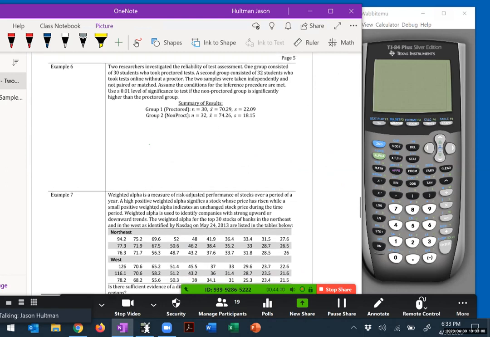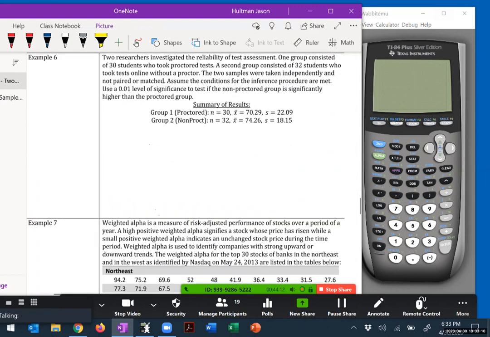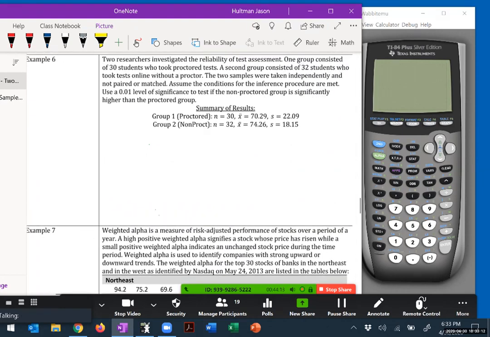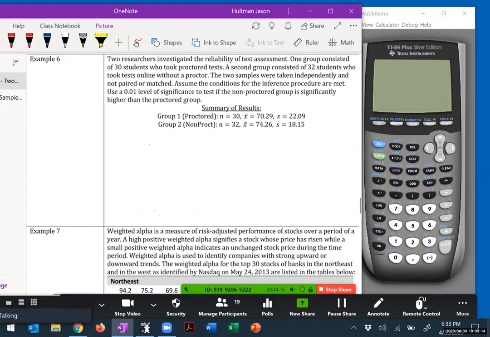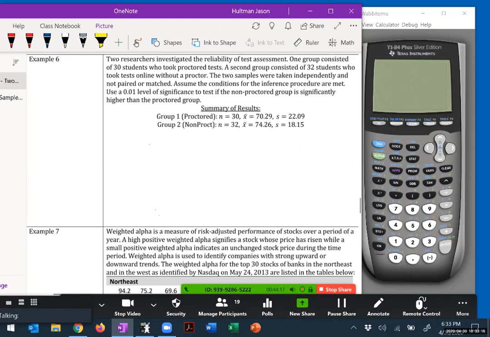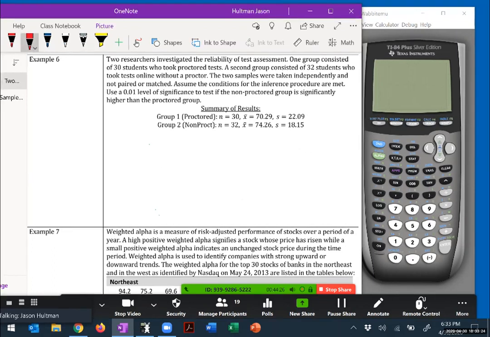Okay, example 6. Two researchers investigated the reliability of... I'm not gonna read this whole thing again. The 2 samples were taken independently, right here, and not paired or matched.